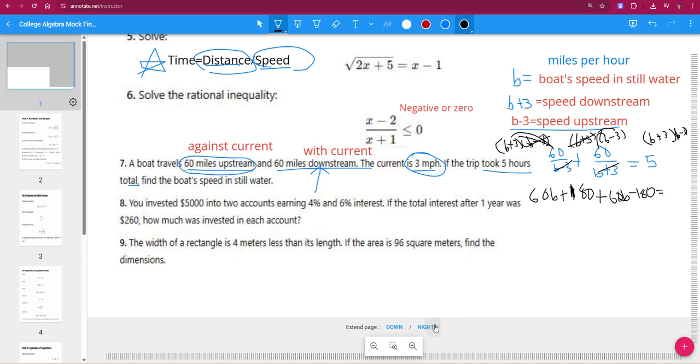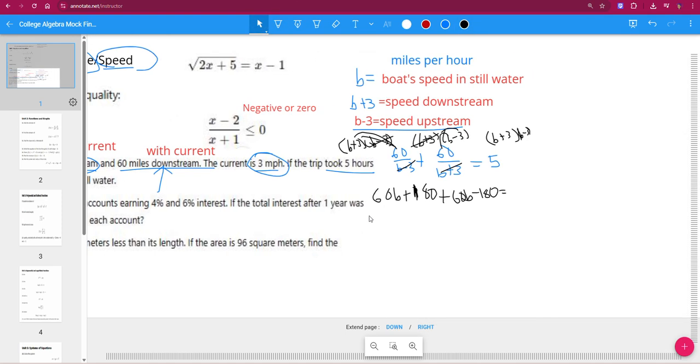equals, let me extend my page right. Over here, I've got 5 times B plus 3 and B minus 3. Let's do that over here. So 5 times B plus 3 and B minus 3. If I distribute this out, you'll end up seeing that these two multiply to B squared minus 9.